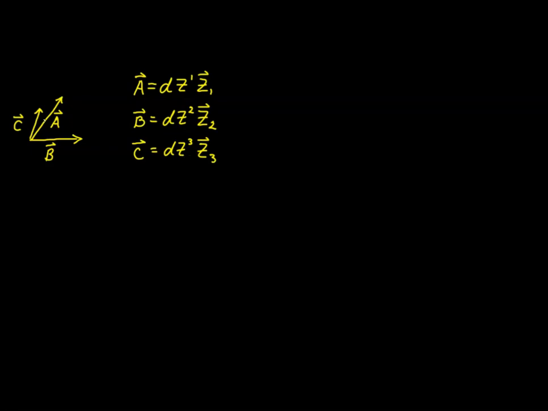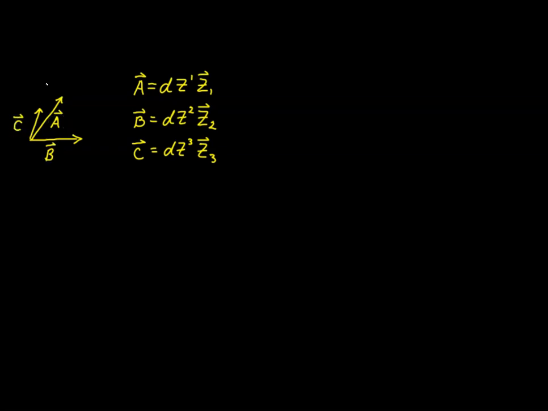So over here I've shown what this looks like when we organize it in a diagram. We have vectors A, B, and C that point respectively in the direction of basis vector z1, z2, and z3.